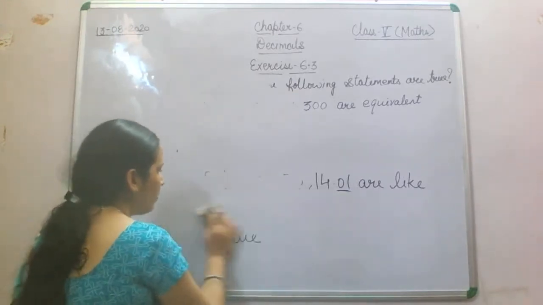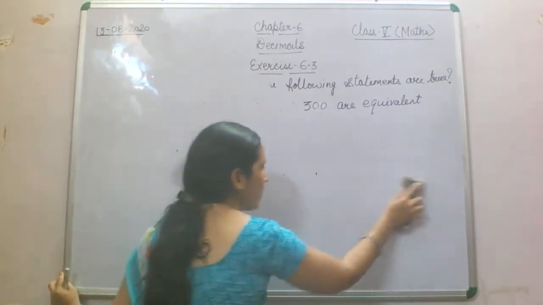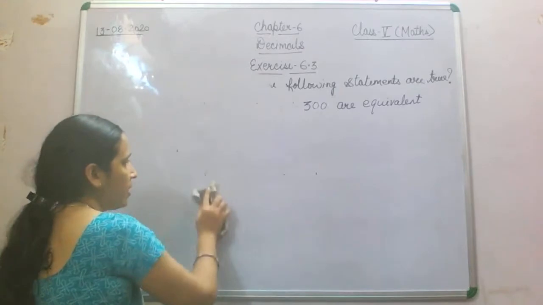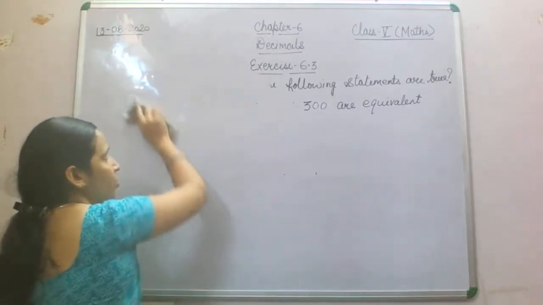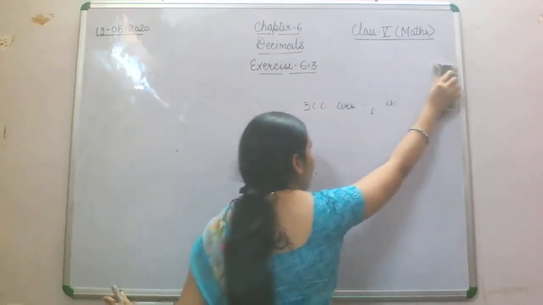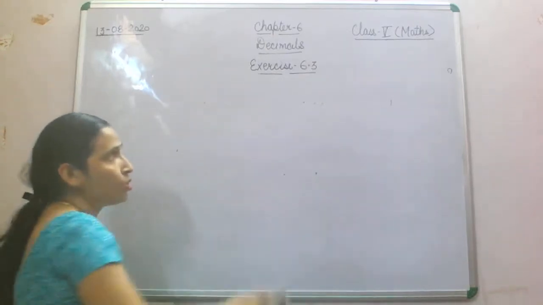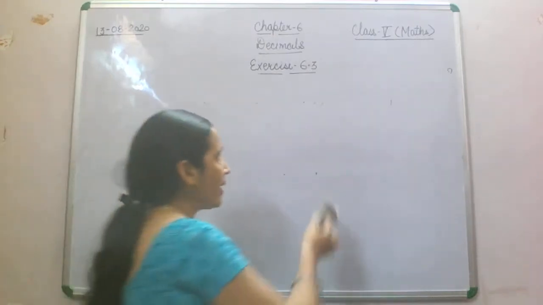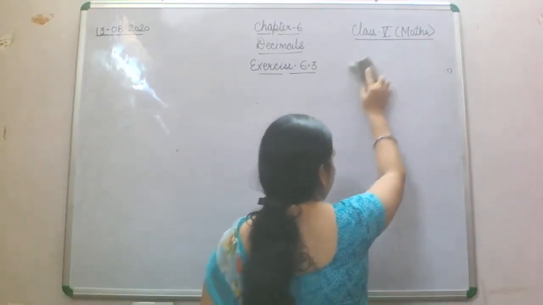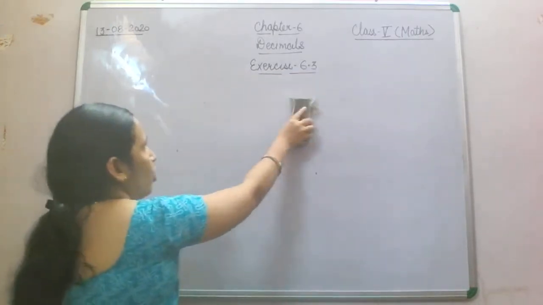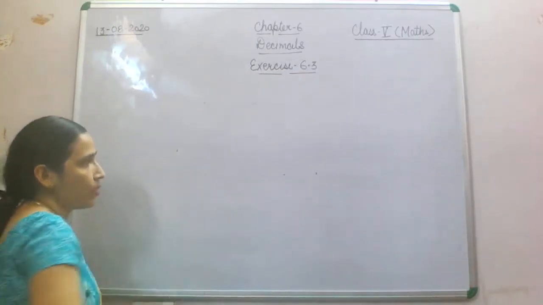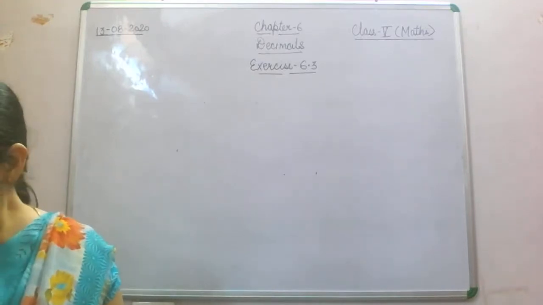Now in question number 6, you have been given a pair of unlike decimals, and by putting zeros, as I told you just before, you have to change them into like decimals. Now we'll satisfy the definition of like decimals and then we will convert it. So let's start that.